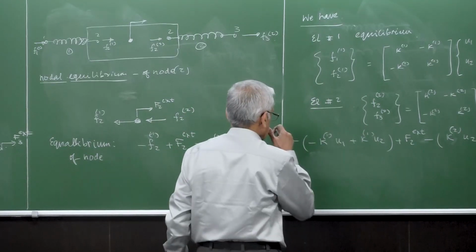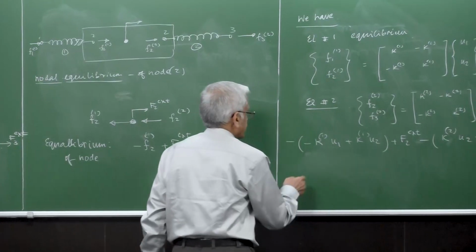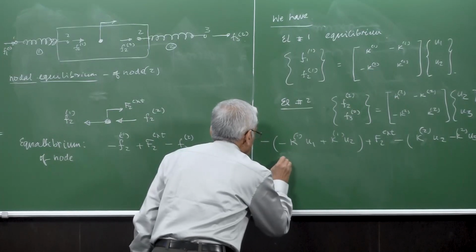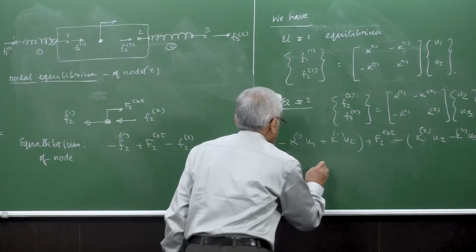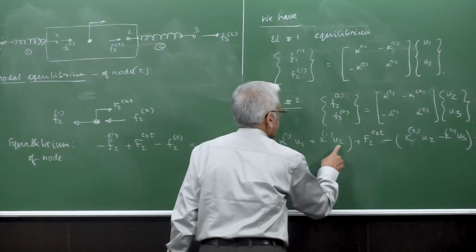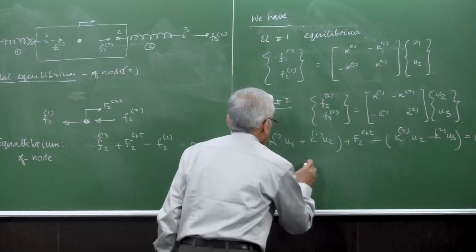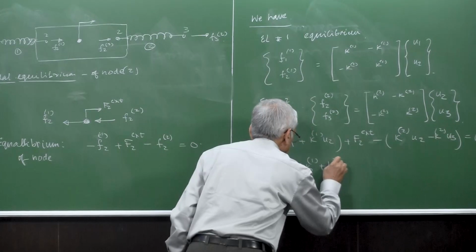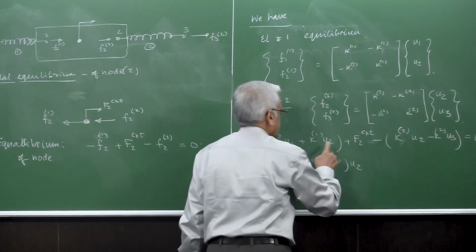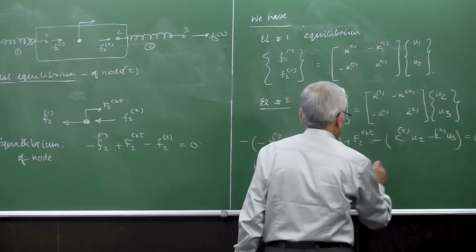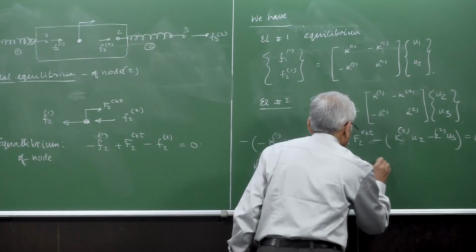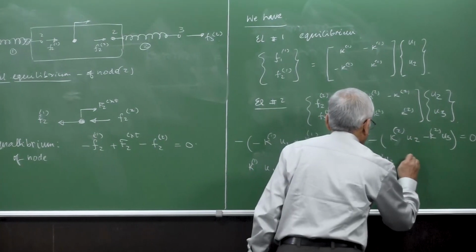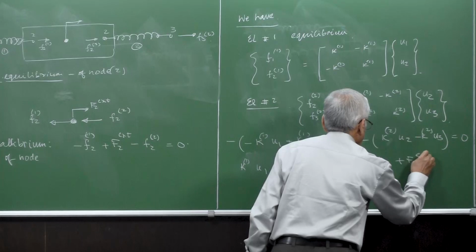So if I write K1 U1, and then collect U2 here, it becomes K1 plus K2 times U2, and then for U3 you have plus K2 U3 plus F2 external.